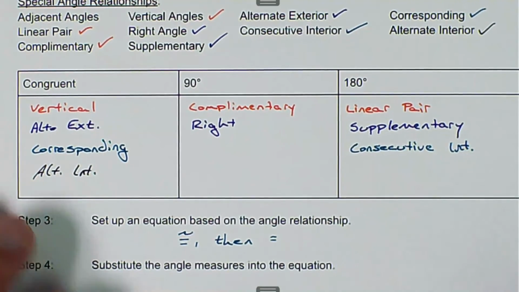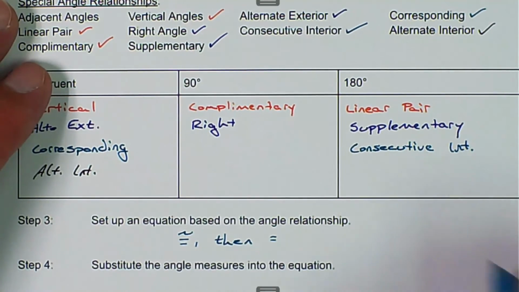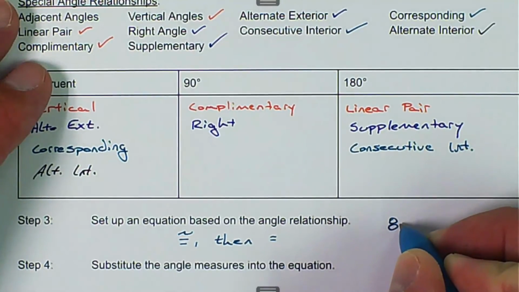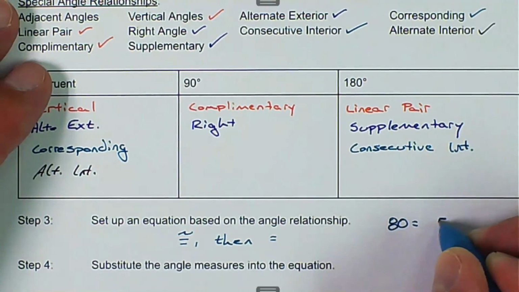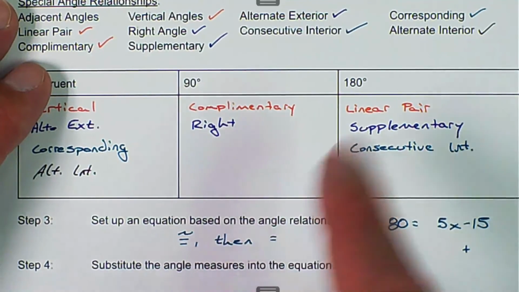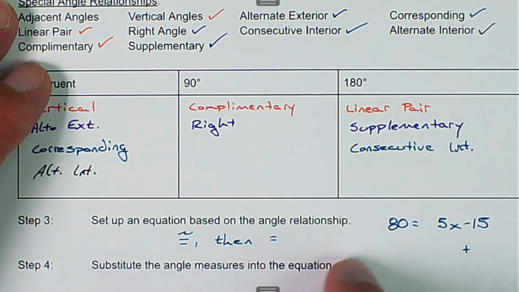So now we can set them equal, and we can say 80 is equal to 5x minus 15, and then we just go ahead and solve that. We didn't have names for these like angle 1 or angle 2, so we're not going to substitute the values in, but we would in that case. In this case, we can just write the equation down, and then we can solve it for the last step.